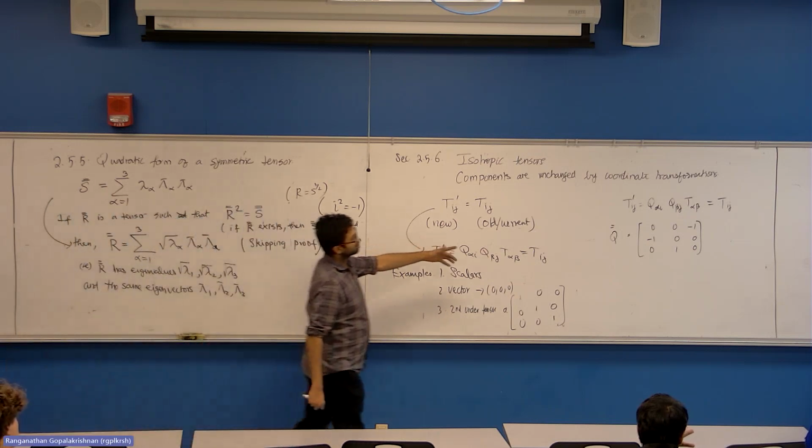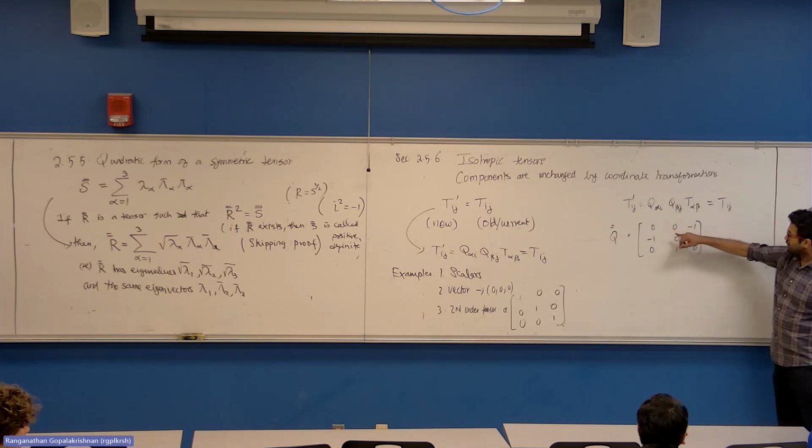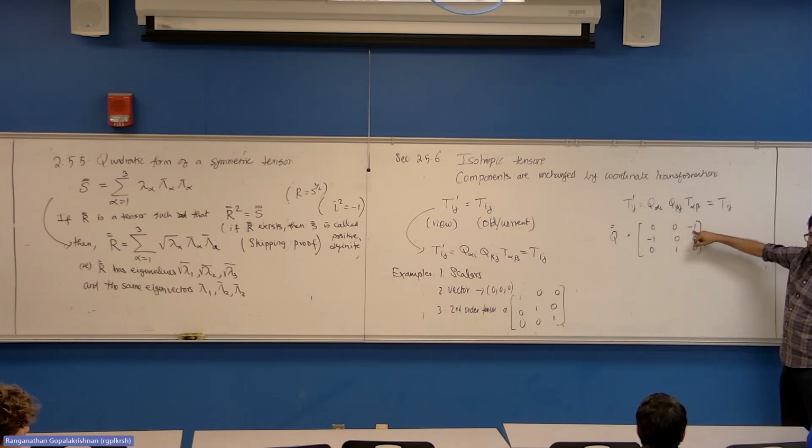If you look at the first row, it says x1, x2 remain the same, but the third component is flipped in sign.